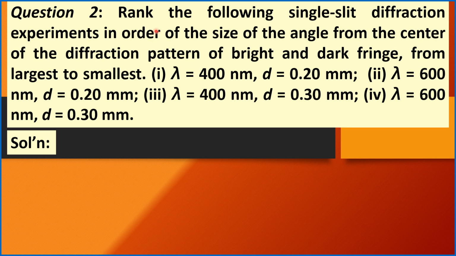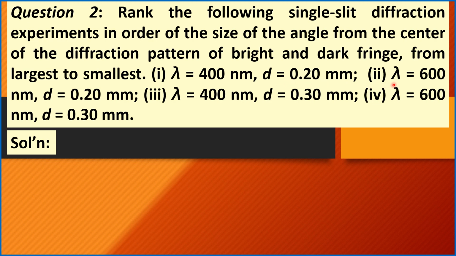Question number 2. Rank the following single-slit diffraction experiments in order of the size of the angle from the center of the diffraction pattern of bright and dark fringe, from largest to smallest. Case number 1, the wavelength lambda is 400 nanometers and the slit width is 0.20 millimeters.